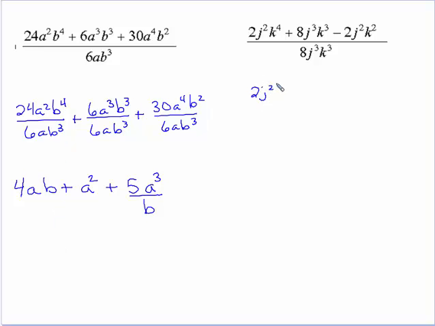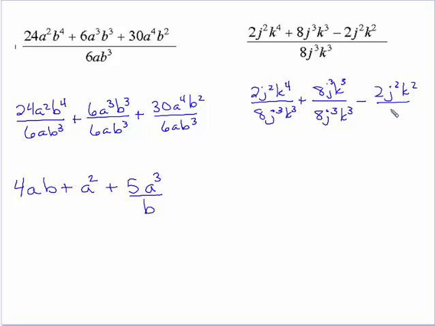Same with the j's and k's. J to the third k to the third over 8j to the third k to the third, minus 2j squared k squared over 8j to the third k to the third. 2 and 8 both divide by 2, which leaves me a 4 in the denominator.